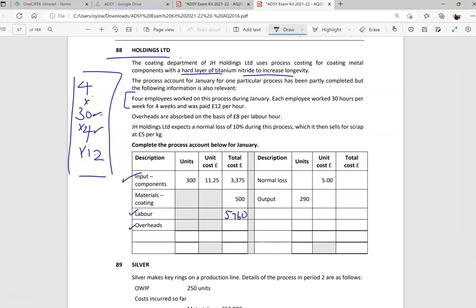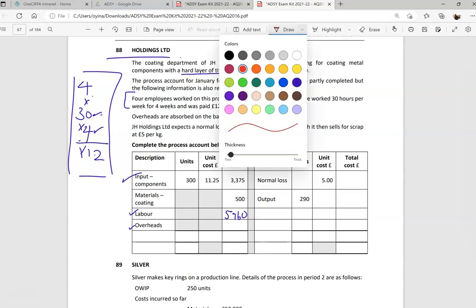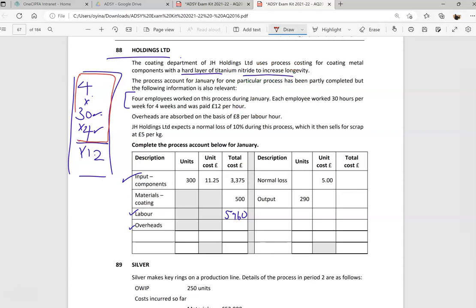That takes me to 5,760. Really, what I'm interested in is the hours. There are 4 employees and each of them does 30 hours a week, so 30 times 4 is 120 hours per employee, and 4 of them will do 480 hours.